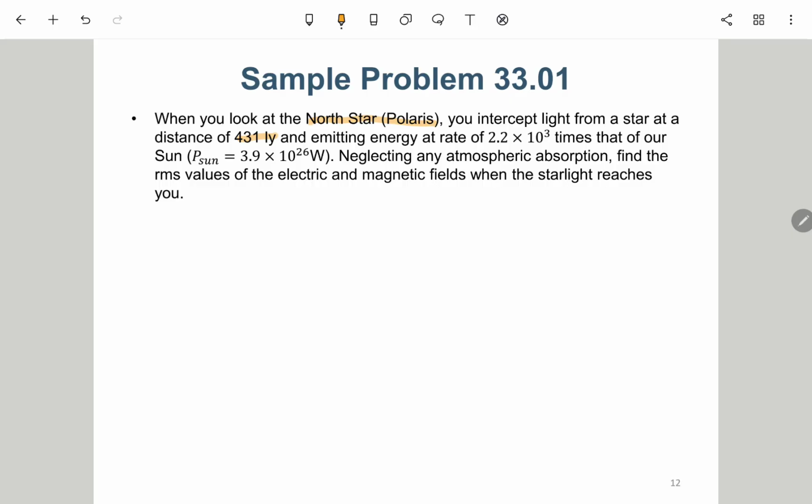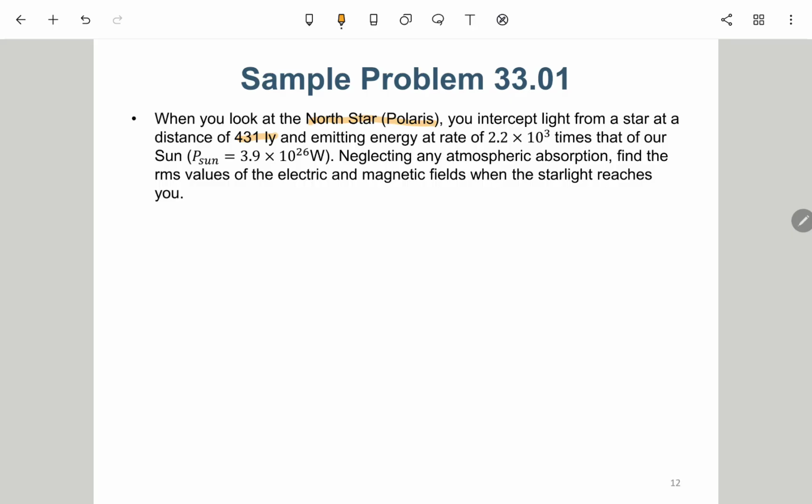This is light year, not meter. In cosmology they like to use AU or even light year. If it is longer, it can be light year; if it is shorter, it can be AU. AU is the average distance from the sun to the earth.